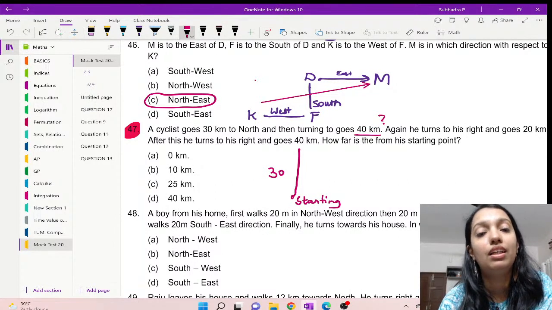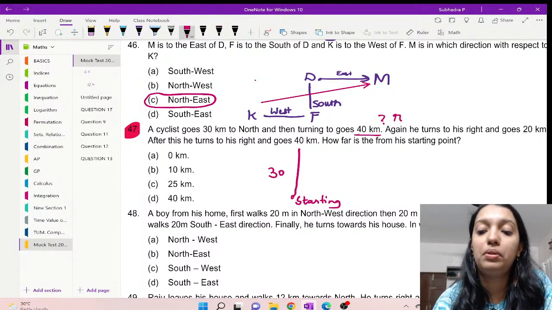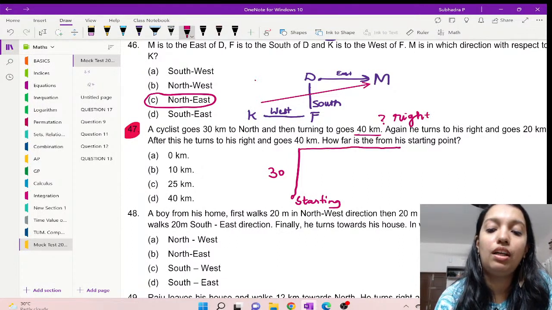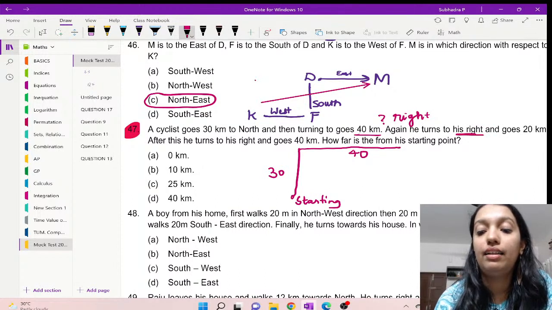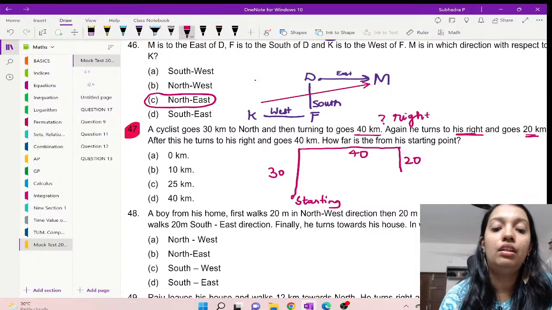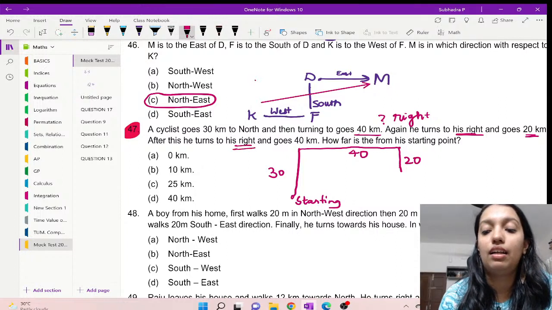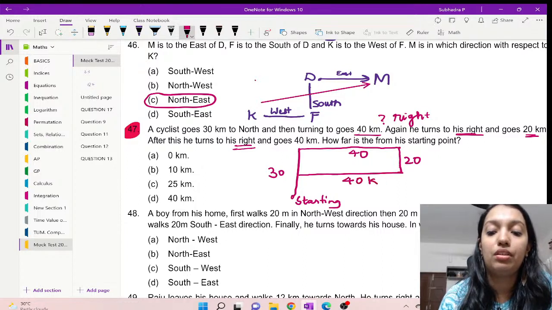They have not given that. I will assume it to be right. So he goes 40 kilometers right. Then he takes a right turn. Right turn means downward. Goes for 20 kilometers. Again he turns to his right. Right from this down direction means in this direction, and goes for 10 kilometers.